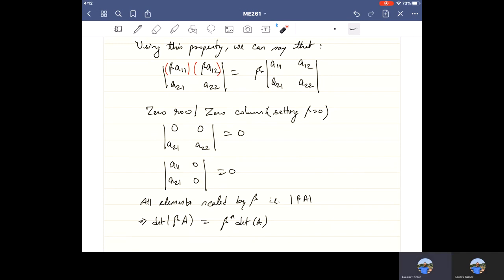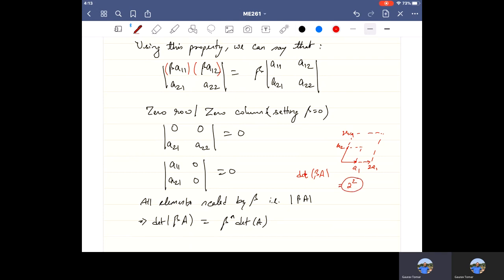But what if you scale all the elements? That means you're writing beta times A and you're looking at the determinant of beta times A. That means you're scaling all the elements of A by beta. You can think of it like you had the vectors A1 and A2 and you increase this by 2 times, let's say 2 times A1, and this you increased by 2 times A2. Then the area of this new parallelogram is going to be 2 squared times, right?